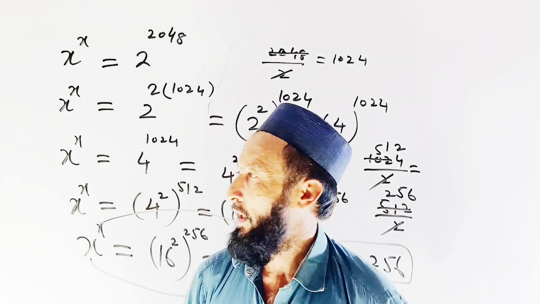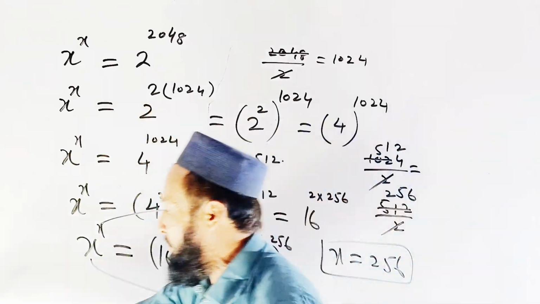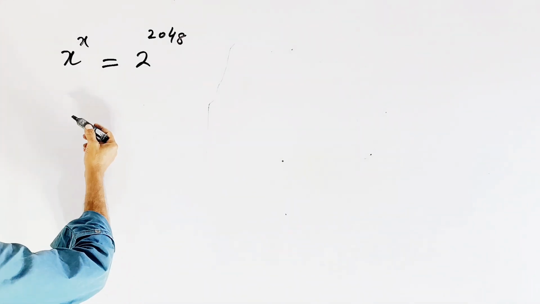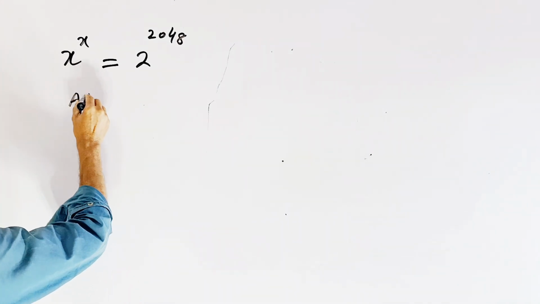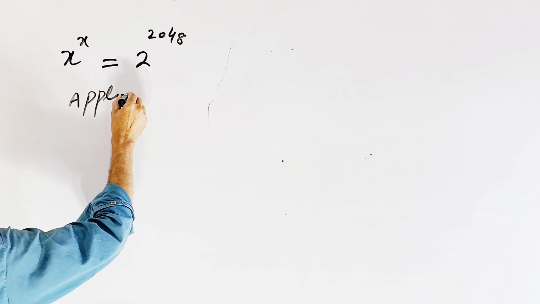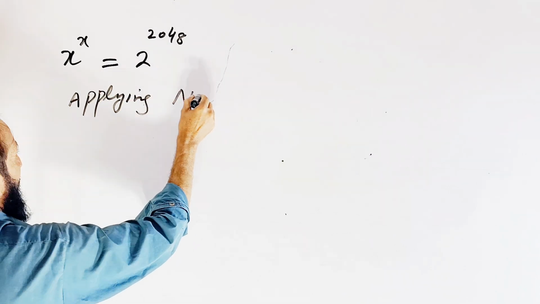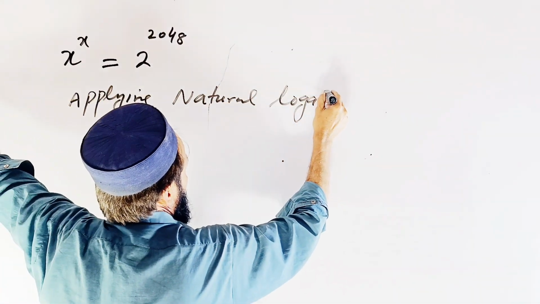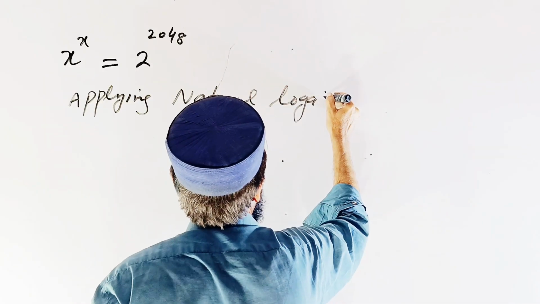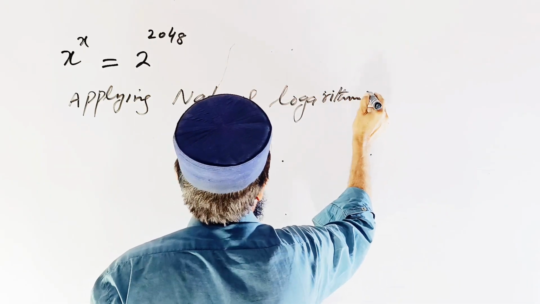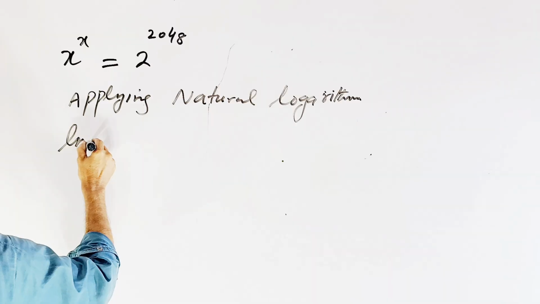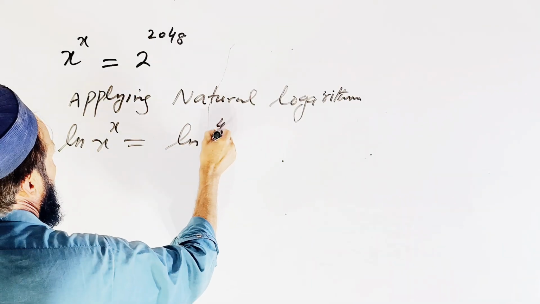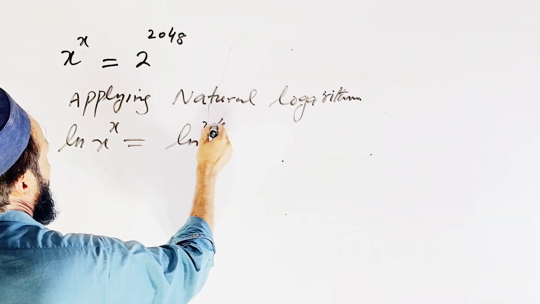Now we use another method. If the variable is in the base and the power is also a variable, the exponent is also a variable, so we apply the natural logarithm. Natural logarithm gives ln of x to the power x, equal to ln of 2 to the power 2048.